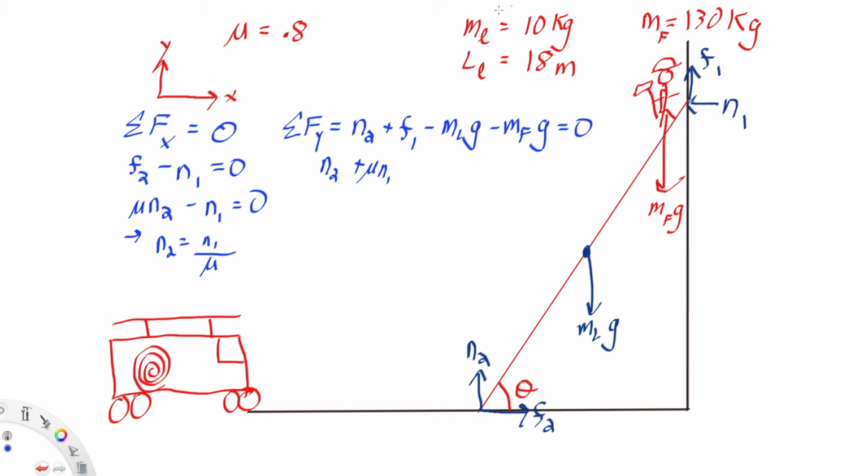And we actually know the masses for everything. So MLG is 100 newtons. MFG is 1,300 newtons. So we get N2 plus mu N1 equals 1,400.